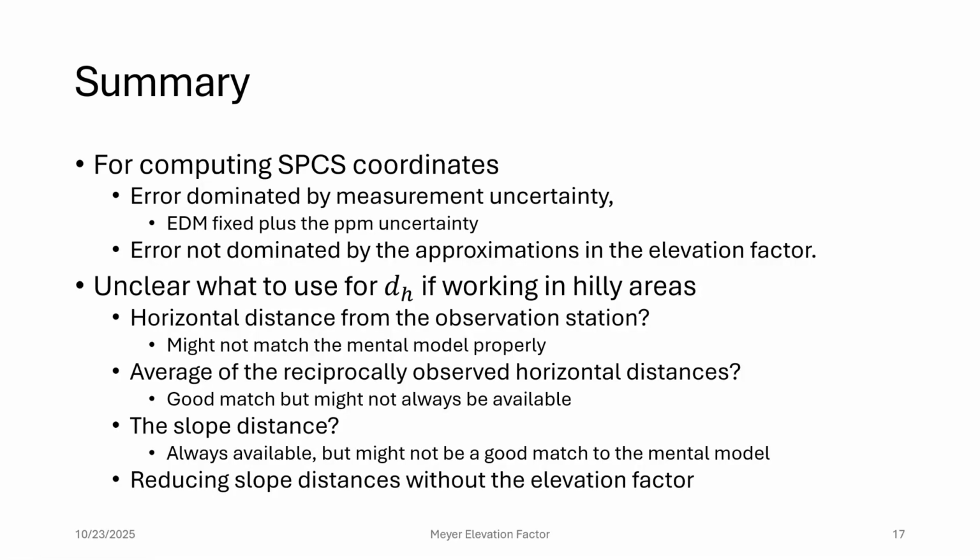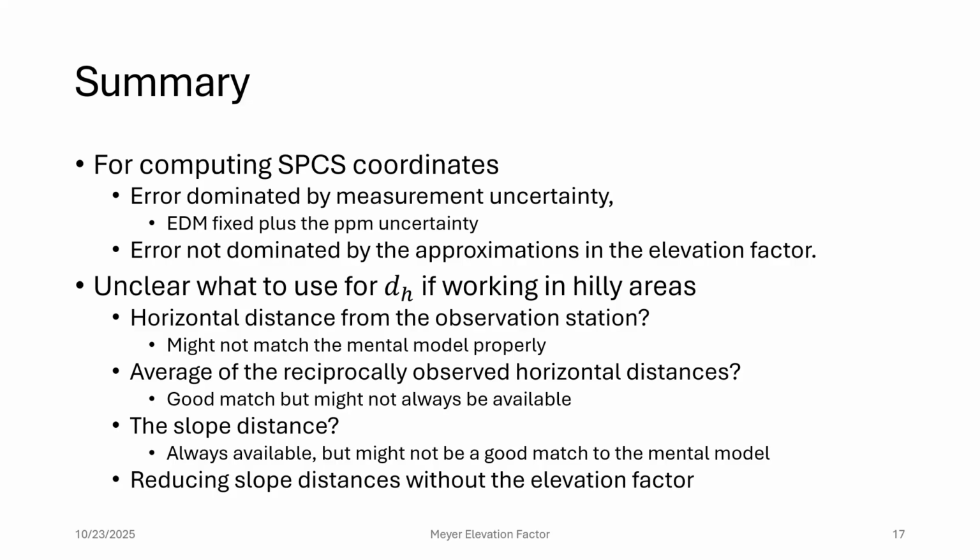What if we're working in a mountainous place where the height of the two stations is really quite different? Then what value should we use for d sub h? Well, one choice is to just use the horizontal distance from the observation station. Arguably, that value doesn't match the mental model very well, but it will always be available, assuming that we're running a total station traverse.